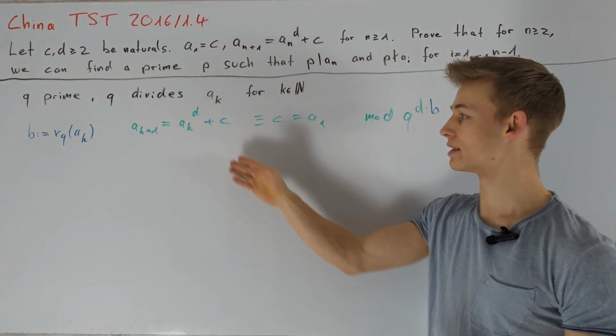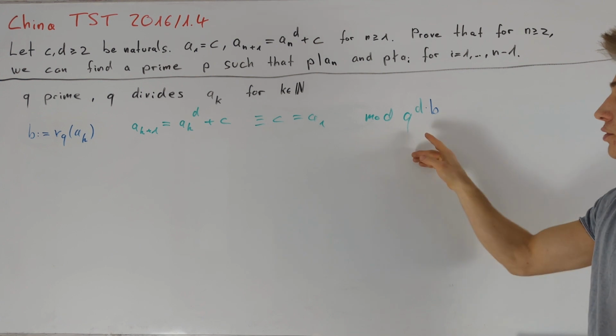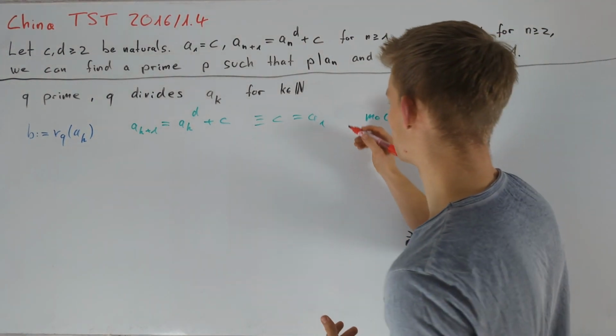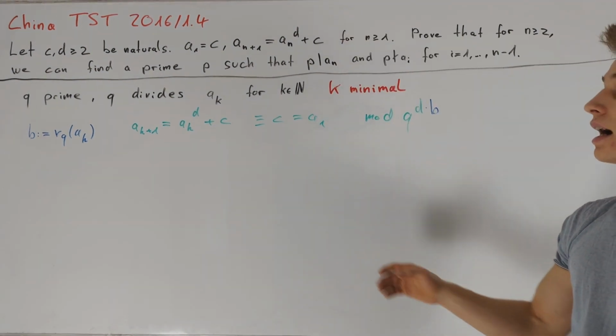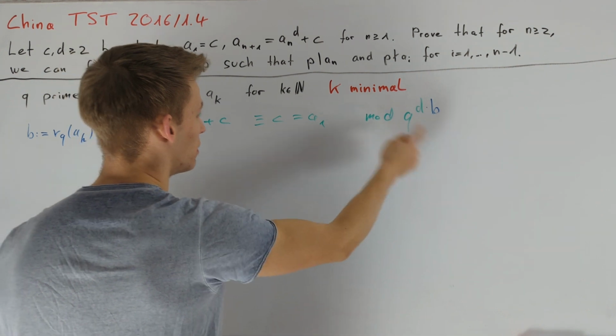We can see that this equation tells us that our sequence a_i is periodic modulo q to the power of d times b with period k. This motivates us to choose k minimal. As I said, our sequence is now periodic modulo q to the power of d times b with period k.